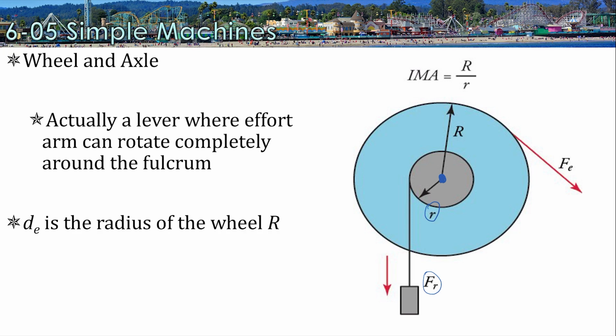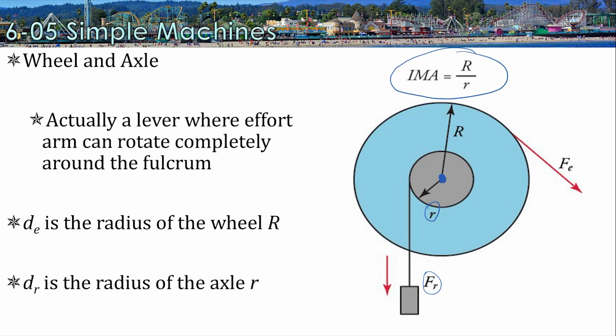So dE, effort distance, is the radius of the wheel. dr, the resistance distance, is the radius of the axle. So your ideal mechanical advantage is the radius of the wheel divided by the radius of the axle.